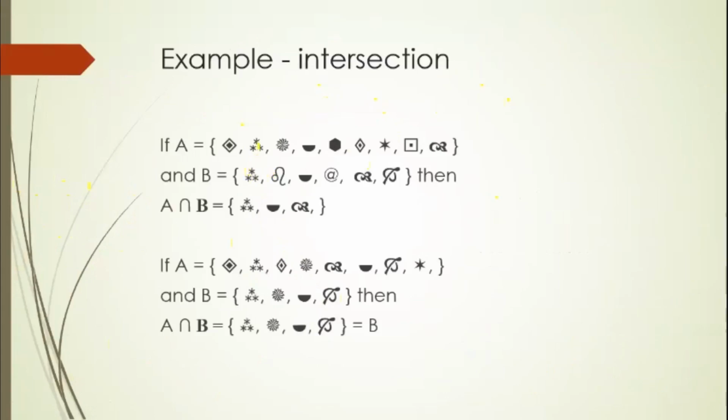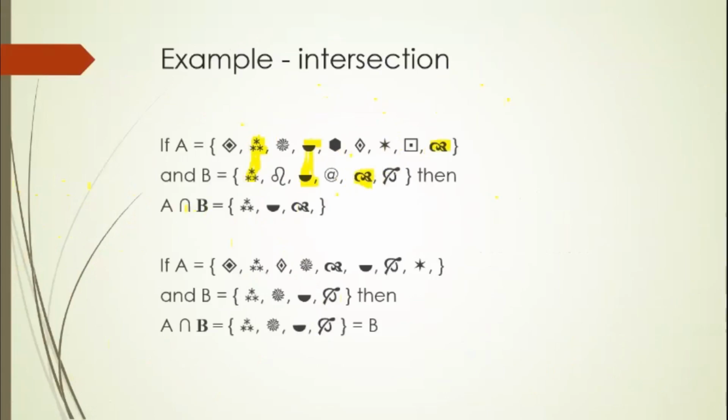Speaking of symbols, we will determine here the intersection of these symbols for sets A and B. You would see that this symbol is common to both set A and B. This symbol also is common to both sets A and B. What else? This one is common to A and B. But the other symbols are not common to each other.